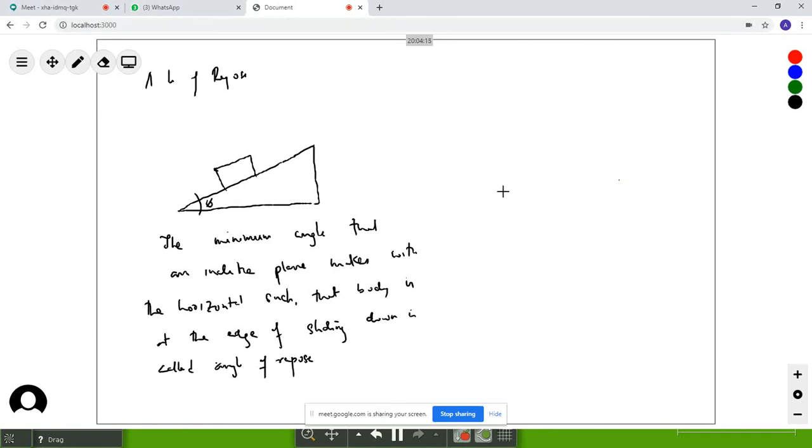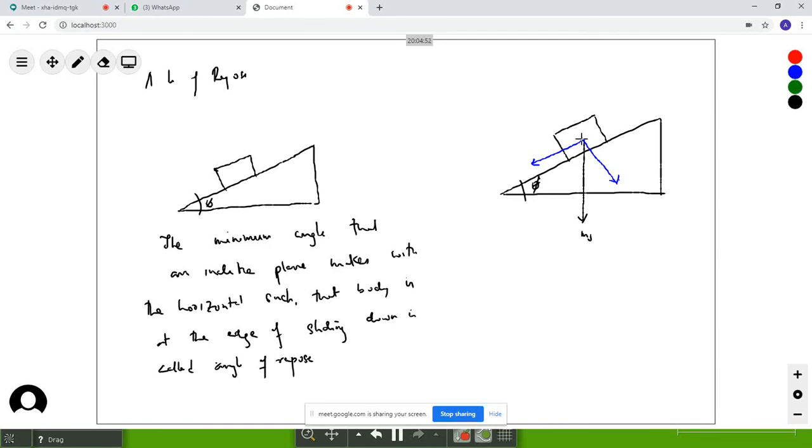So then I can write this as: this is weight mg, this is theta, which let me denote as phi. Here is one component and here is the other component.